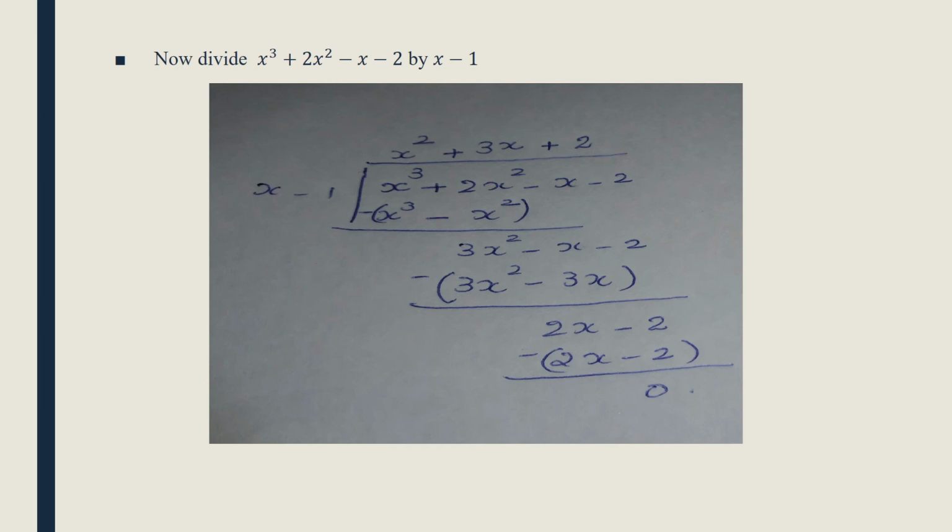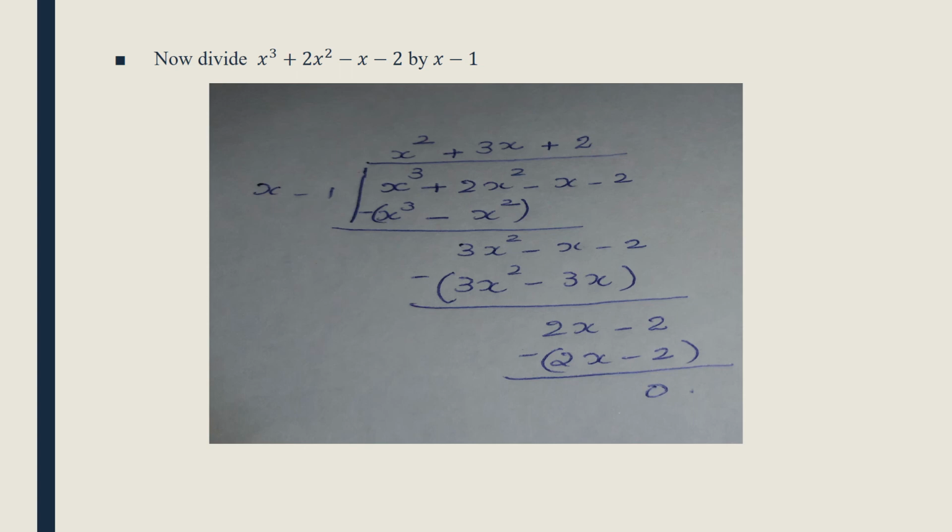Multiply x square with x minus 1. We can see x cube minus x square. On subtraction, we have x cube minus x cube, which is 0, and 2x square plus x square is 3x square. Bringing the next terms down, it will be 3x square minus x minus 2.